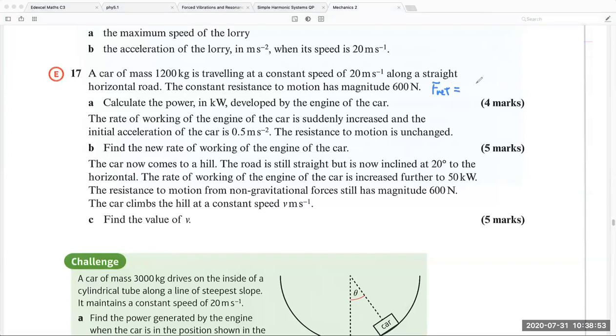So the net force should be 1200 times 0.5, m times a. So you get 600 Newton.